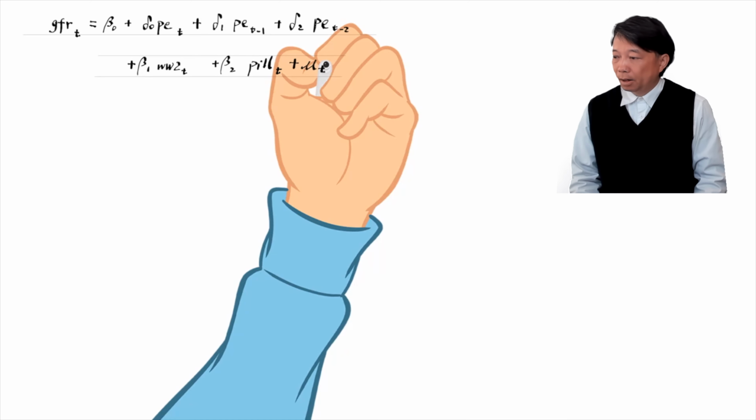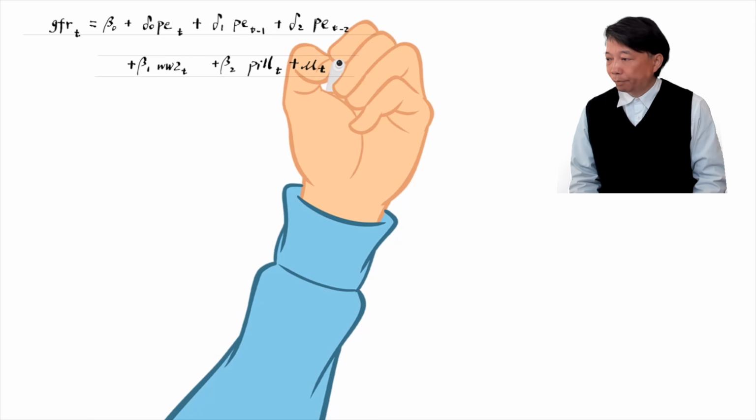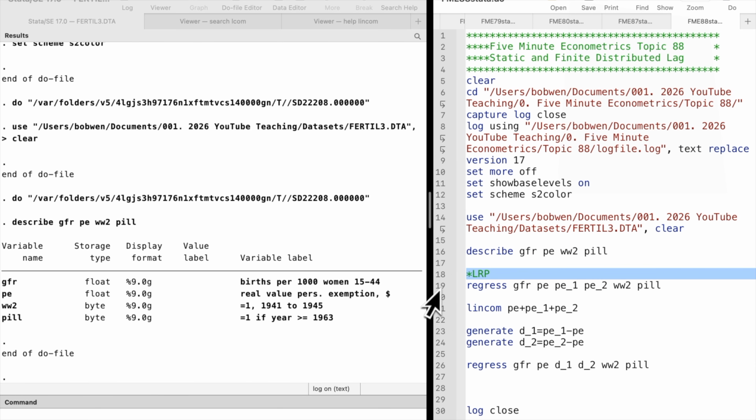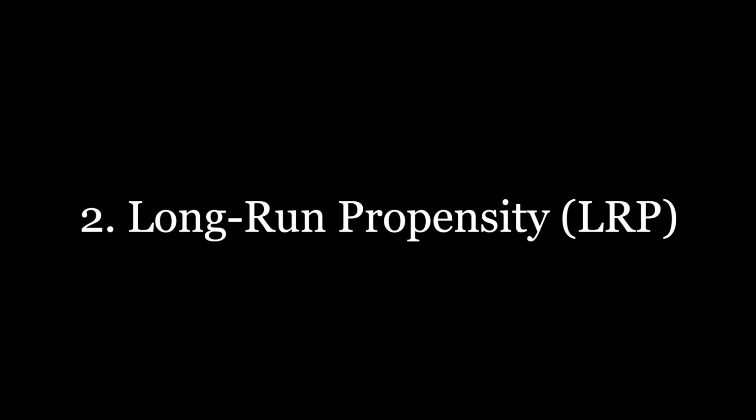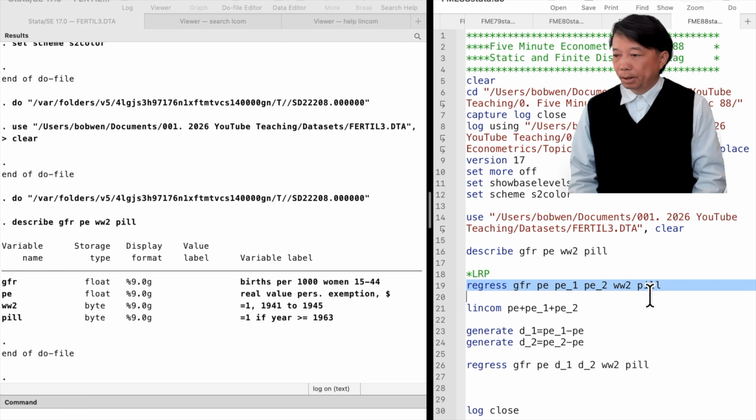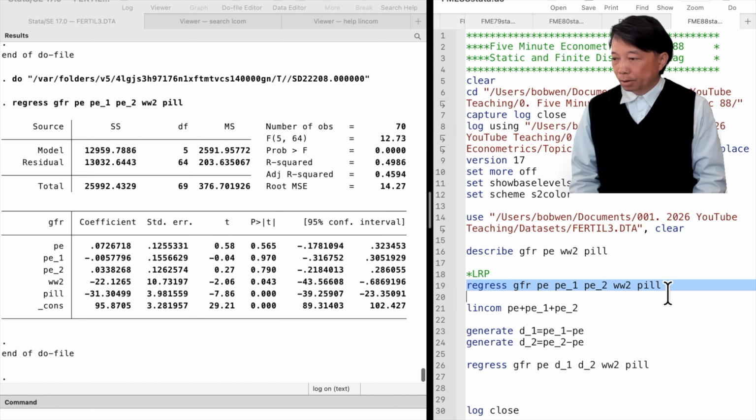We estimate a distributed lag model with 2 lags of the personal tax exemption. Here is the estimated result.